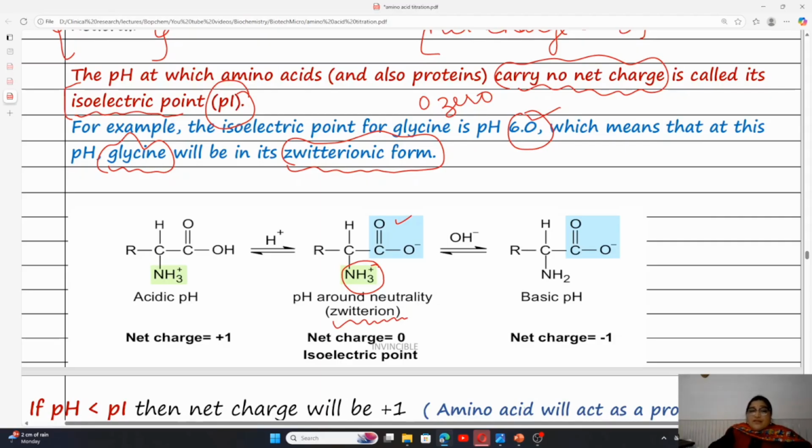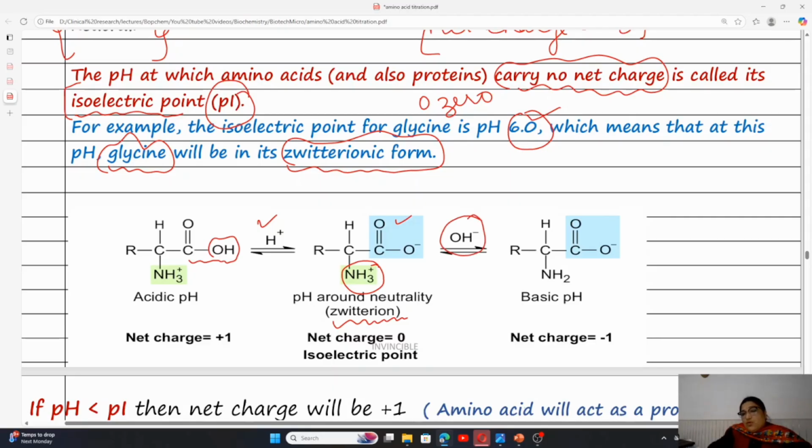But when the pH is acidic, that means in acidic pH, more and more protons will be in the system. When more and more protons are in the system, then what will happen? Here you can see this carboxyl group has acquired one H. And when the pH is basic, then there will be more OH ions in the system.